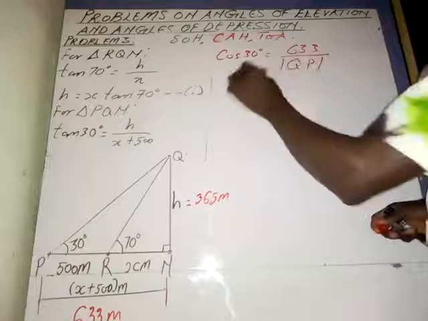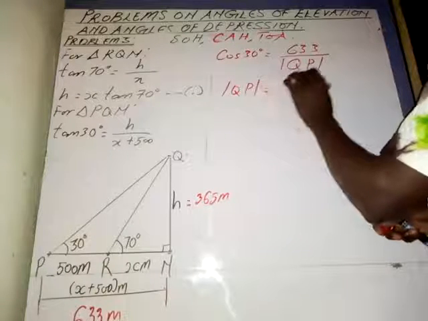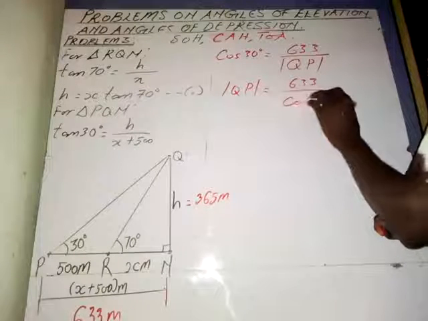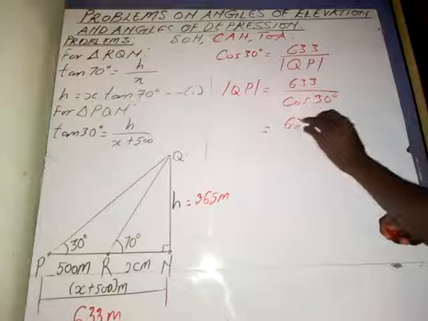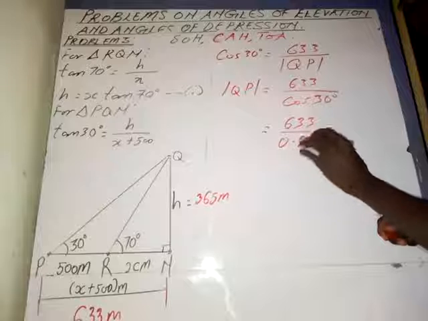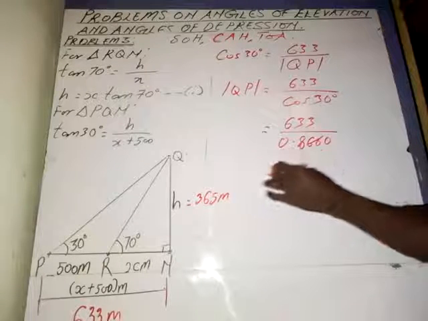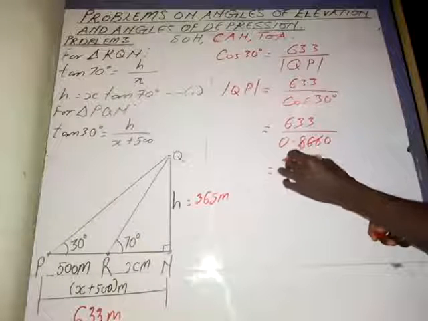So I can write this as QP equal to 633 over cos 30 degrees. So this is equal to 633 divided by cos 30 degrees, which is 0.8660, and this will give us 730.9.